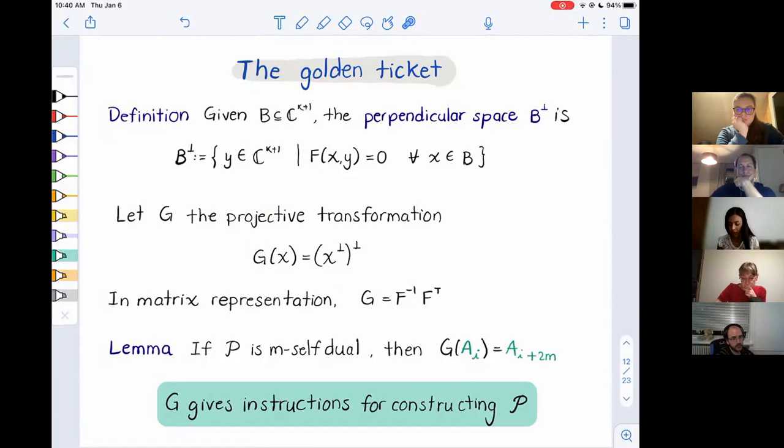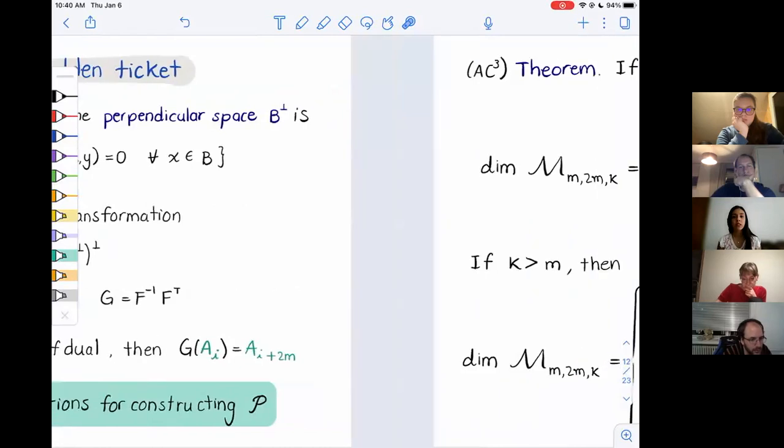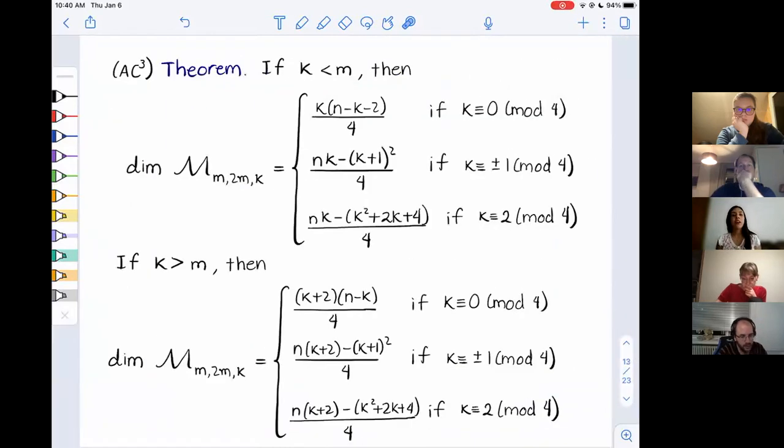That sounds very good. Just to show how sometimes it can get sticky, let me show you what it looks like when I consider the dimension of some cases of self-dual polygons. The theorem that I had before with M self-dual n-gons was very simple.